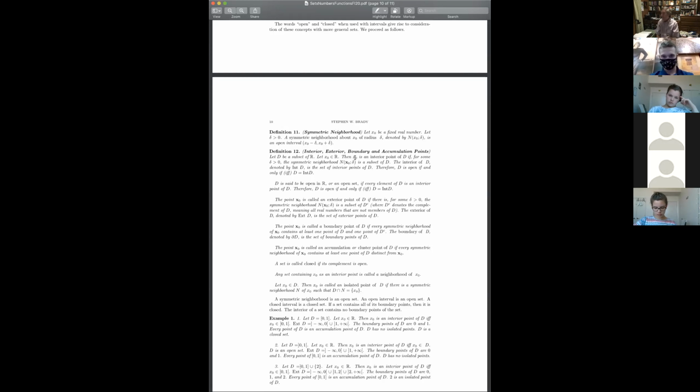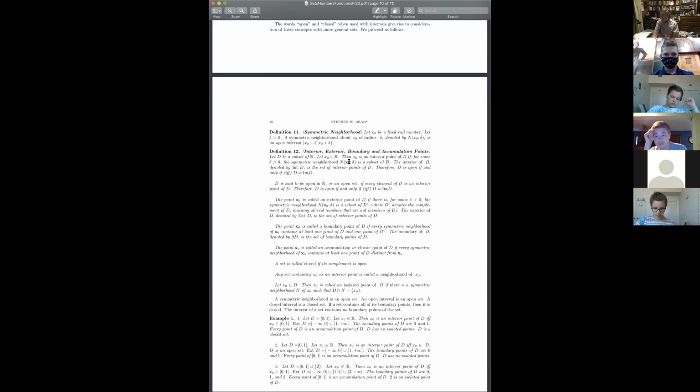We're talking about, are you an interior point? What's an interior point of a set? Well, X naught is an interior point if there is some symmetric neighborhood around X naught that is totally inside the subset.